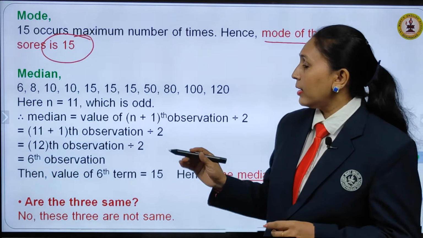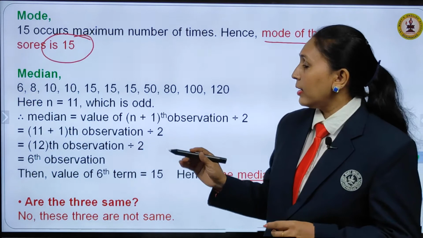Second, the mean is one of the numbers in a data. Children, this statement is false. It is not always that the mean will be a number in the data, because the mean may lie between the two given observations, the smallest and the largest. So the given statement is false.